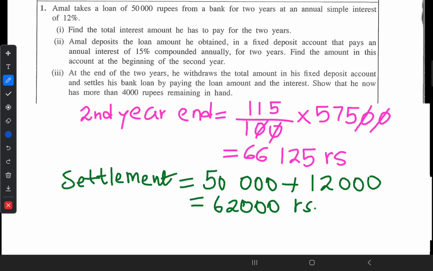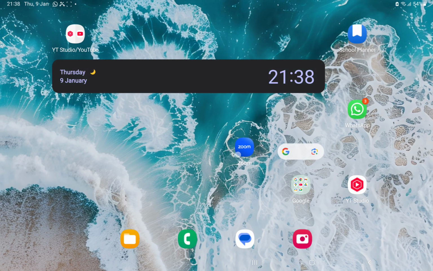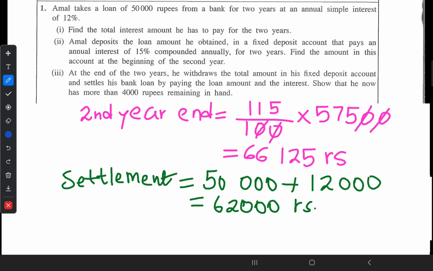Then our question says show that he now has more than 4,000 rupees remaining in hand. From the total amount he withdrew at the end of the second year, he settled the amount he took as loan with interest. After that, the remaining amount you have to show is more than 4,000 rupees.